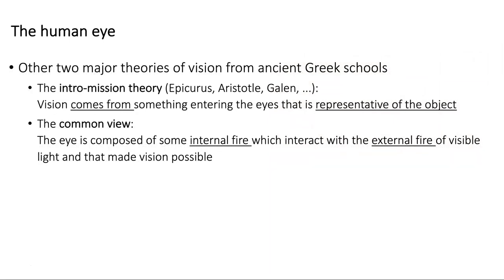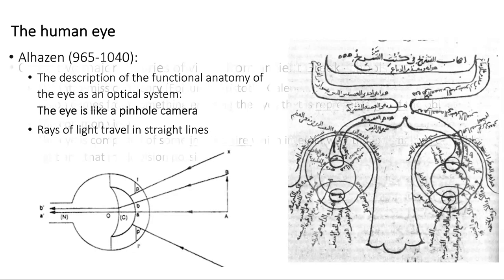One of those opponents was the intromission theory. In this theory, the thinkers thought that vision comes from the environment, so it should be something that represents the object itself. The second one seems to be confirmed, because in our time we are also thinking the same way.